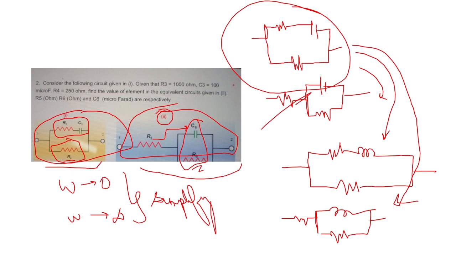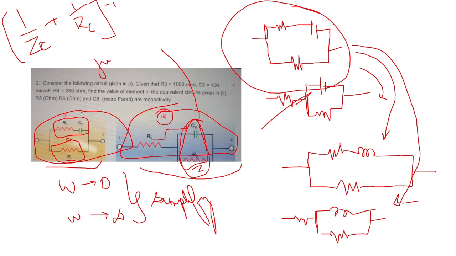So for just this small part, C6 and R6, what will you get? 1 by ZC plus 1 by R6, the whole inverse. ZC is 1 by j omega C, so inverse of that again is j omega C6 plus 1 by R6, the whole inverse.